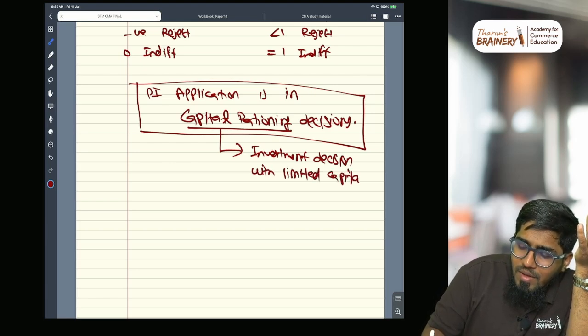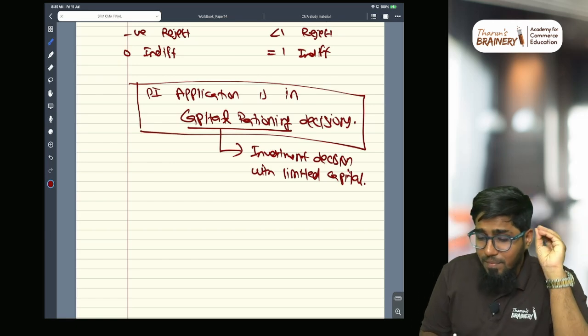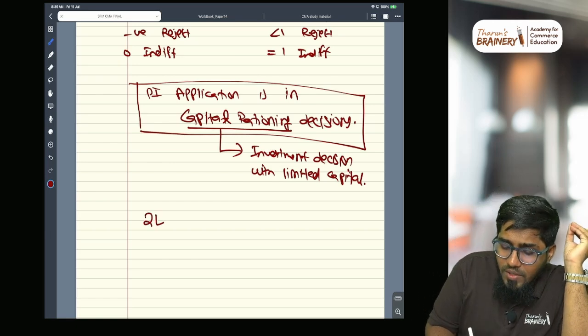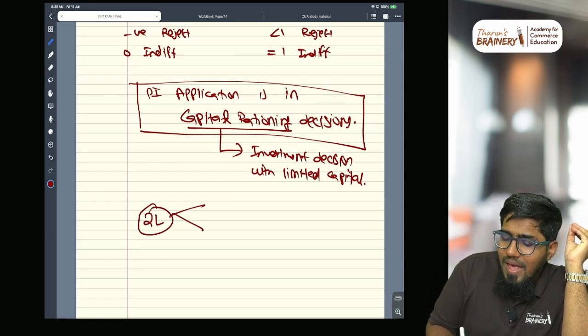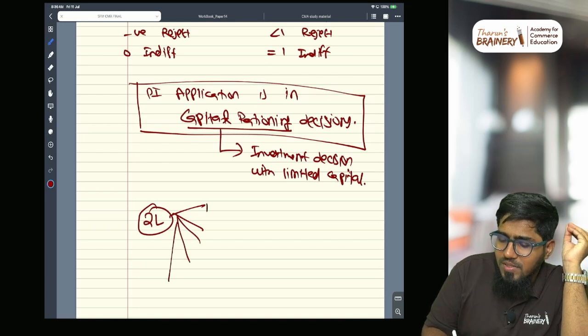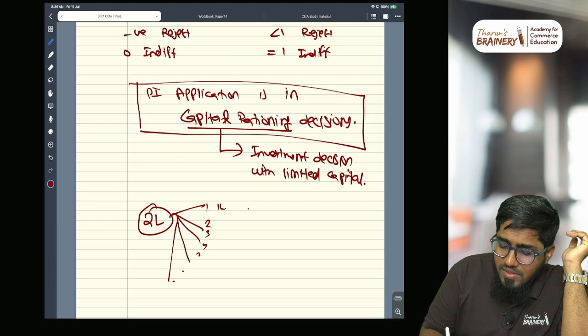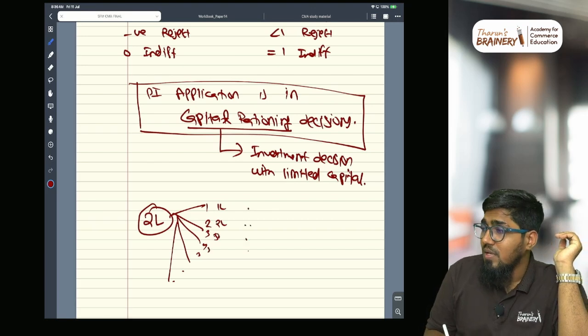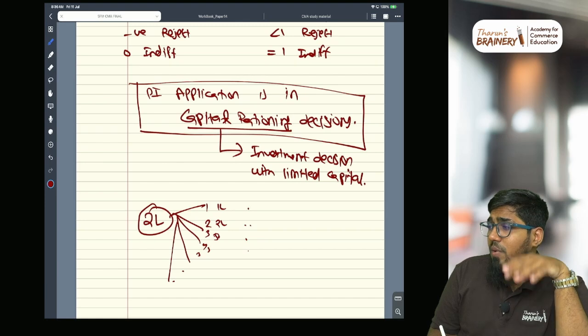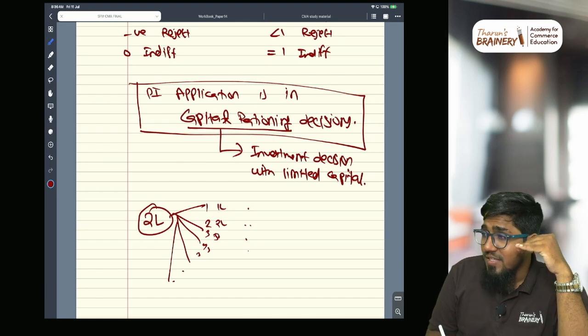For example, I am having only 2 lakh rupees and I am having in front of me some 8 projects. 1, 2, 3, 4, 5, 6, 7, 8. Here 1 lakh, here 2 lakh, here 50,000, here 60,000. Now I have to choose which projects to select, which means ranking needs to be done, right?